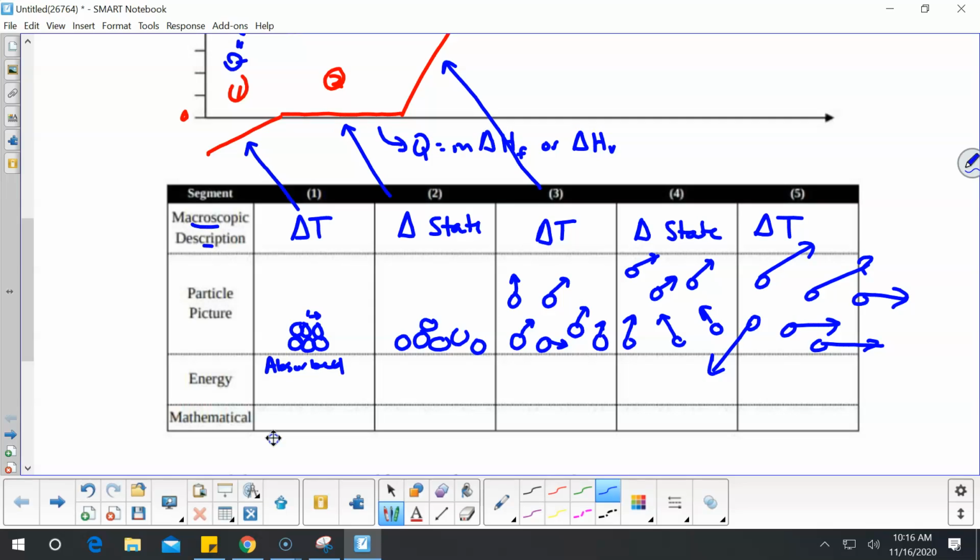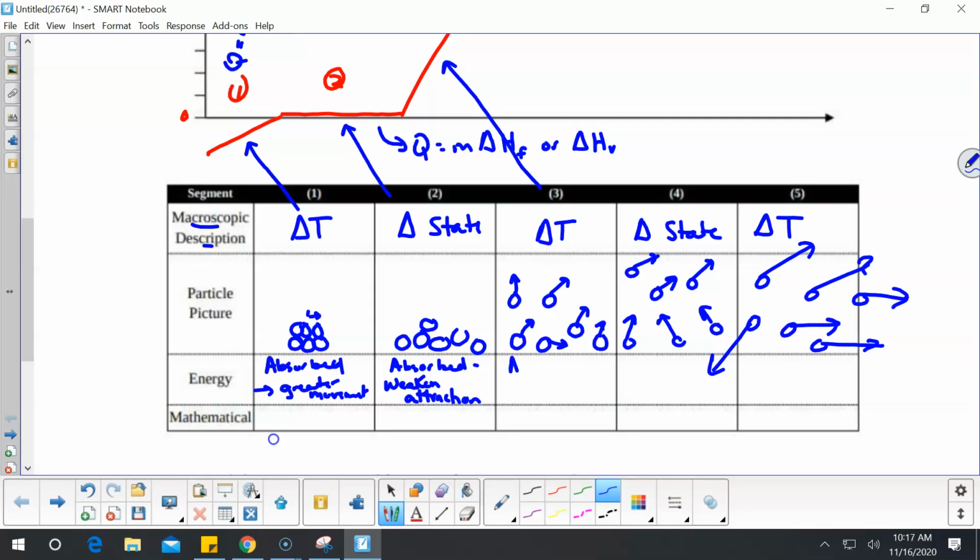Since it's absorbed there, isn't it causing greater movement? Here, energy is absorbed, and it's weakening attractions as it's changing in state. Those are my vectors on here.